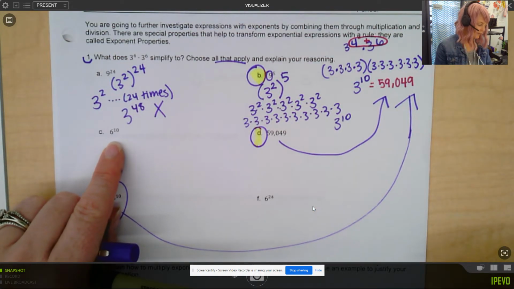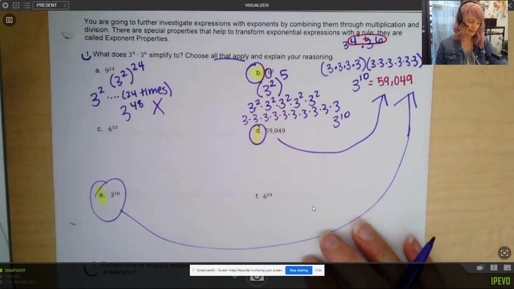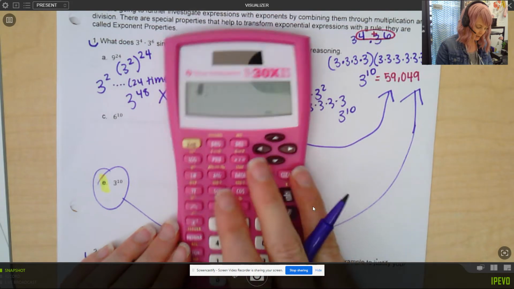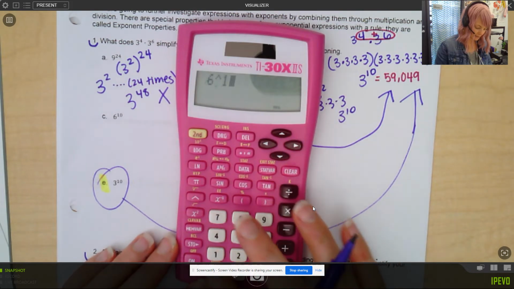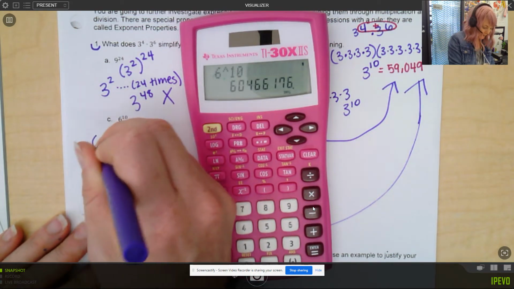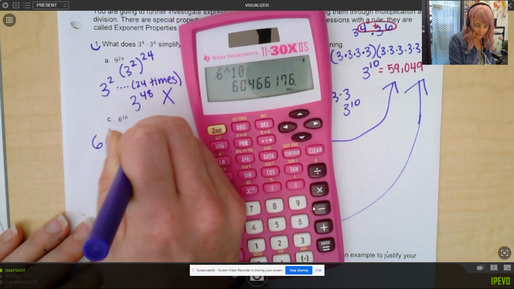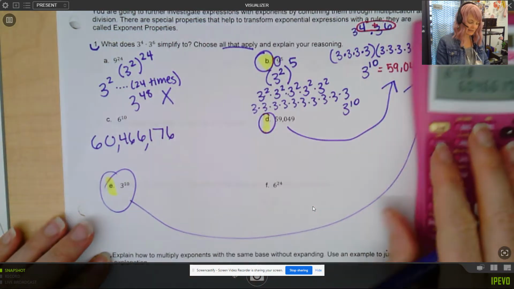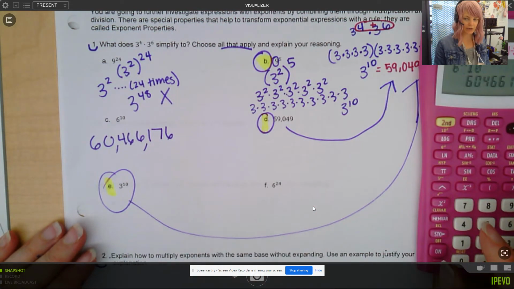And 6 to the 10th, I can't rewrite 6 as a power of 3. So if we just look at 6 raised to the 10th power, wow, that is a big number. Let's see. 60,466,176.